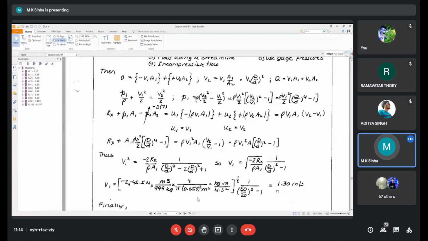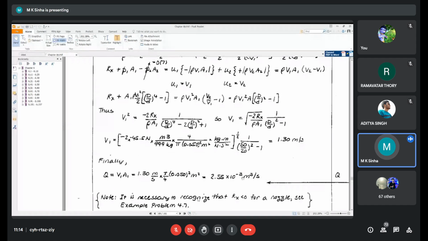So V1 equals an expression with Rx. After the calculation you must check whether it is correct or not; it will come out to 1.3 meter per second velocity, then discharge equals V1 A1.